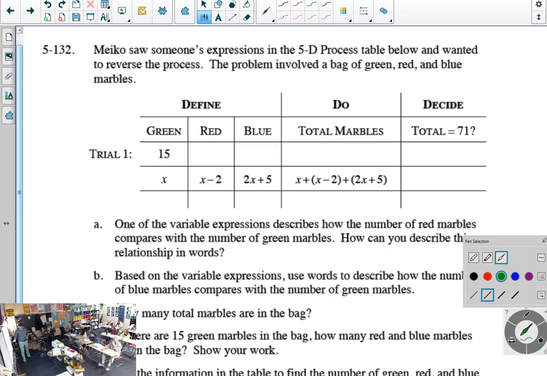Let's start doing this. If there are 15 green marbles, then Kaylee, how many red?